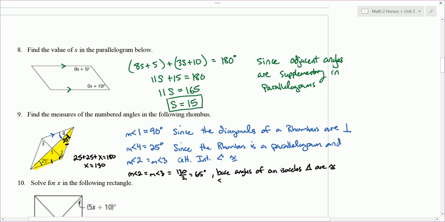We use the sum of interior angles of a triangle equal 180 degrees, and we use that the diagonals of a rhombus bisect the angles.